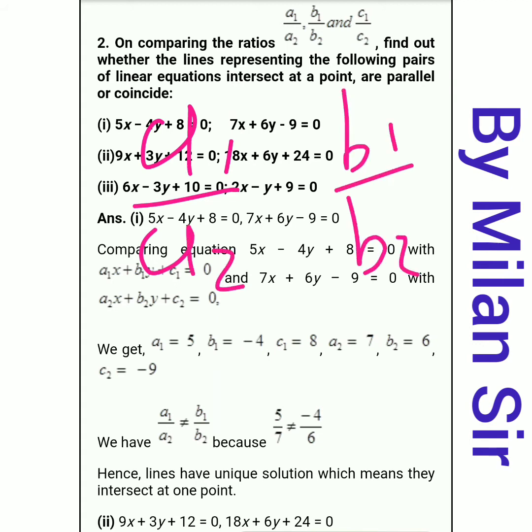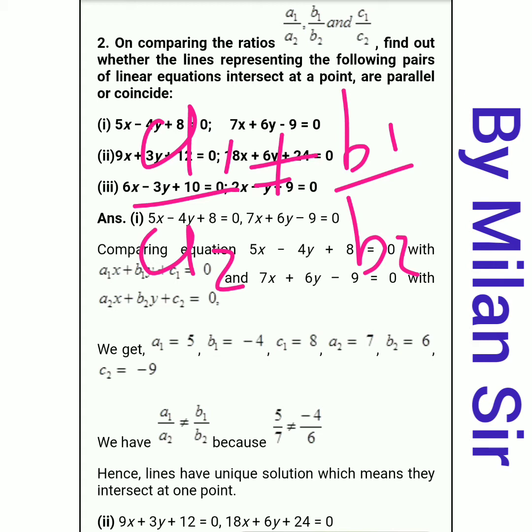If these two ratios are not the same, A1 upon A2 is not equal to B1 upon B2, then we can say that these two lines intersect at a point, that means intersecting lines.